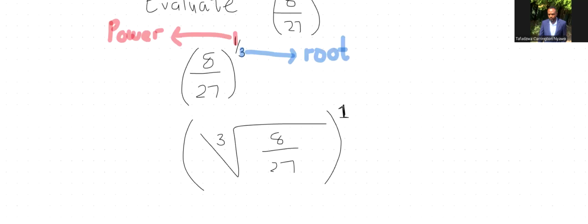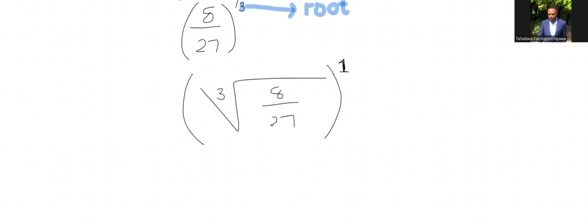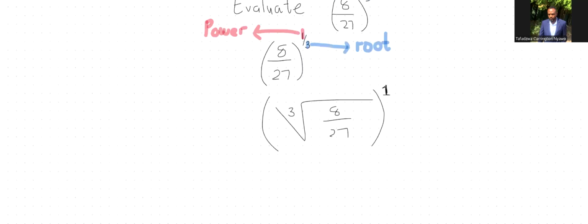Let me zoom in a bit so that you can really see what we did. The 3 is in blue, and that's where the 3 is, as a root. And the 1 is a power, and that's where it is over there.